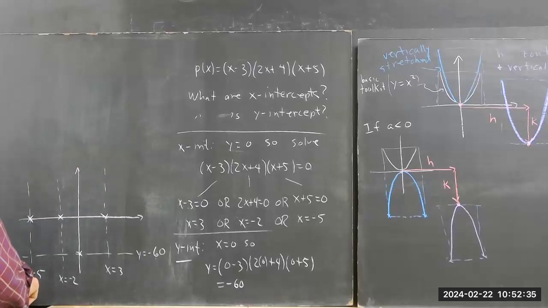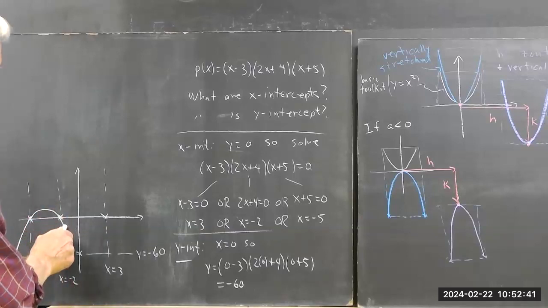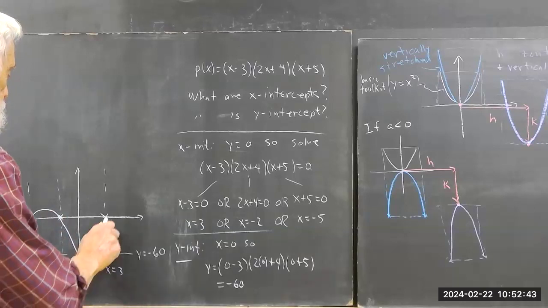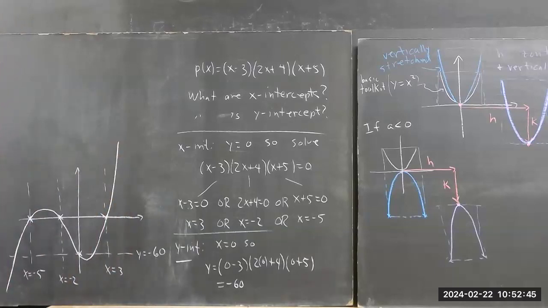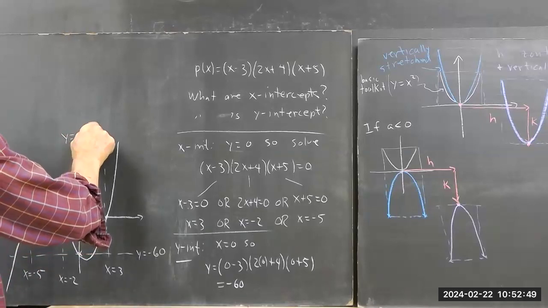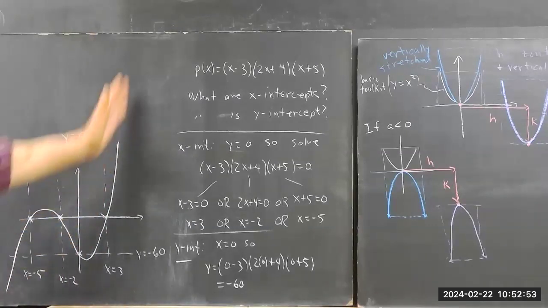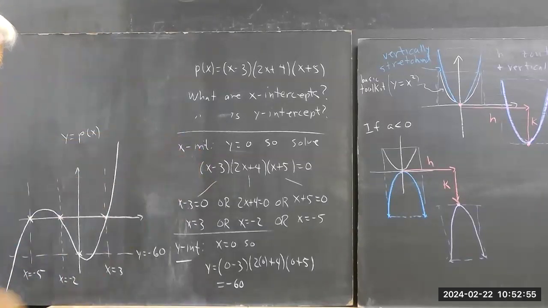This thing starts way down here. Comes up through this point here, down through this point here, maybe down a little further, and back up through this point here. And here's an approximate graph of y equals p of x, showing that the thing gets really big when you move to the right, really big but negative when you move to the left, and goes through the x-axis at these 3 points and the y-axis at this point.